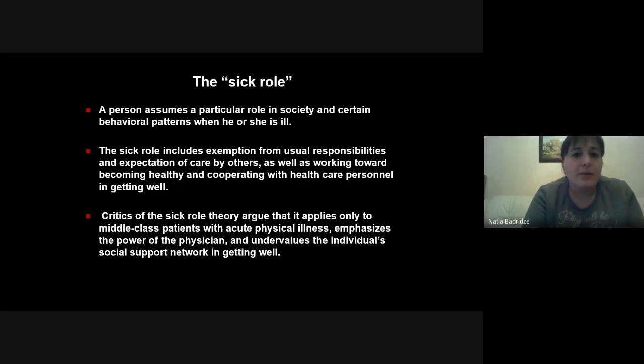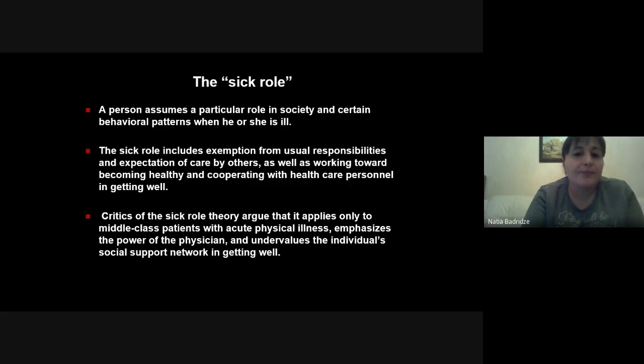Well, a person assumes a particular role in society, and certain behavioral patterns occur when the person is ill or sick. The sick role includes the exemption from the usual responsibilities and the expectation of care by others.